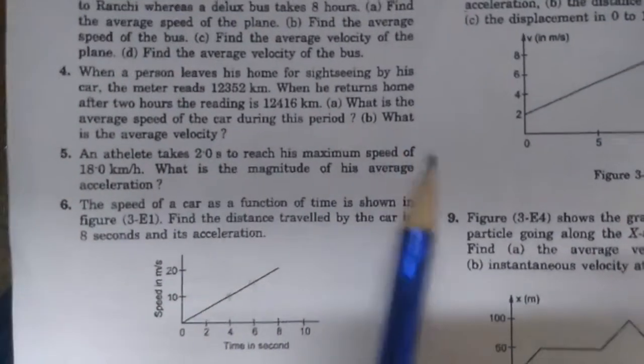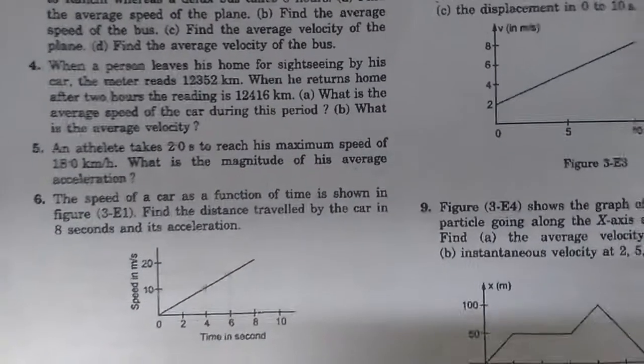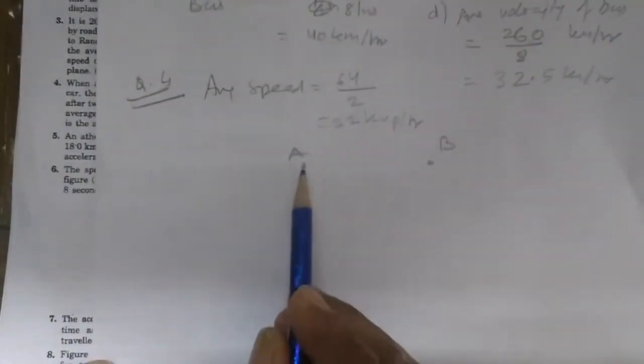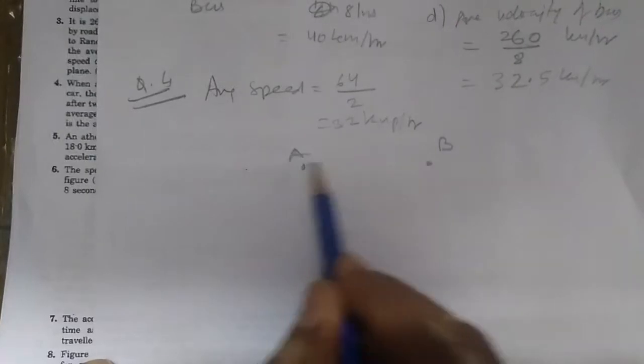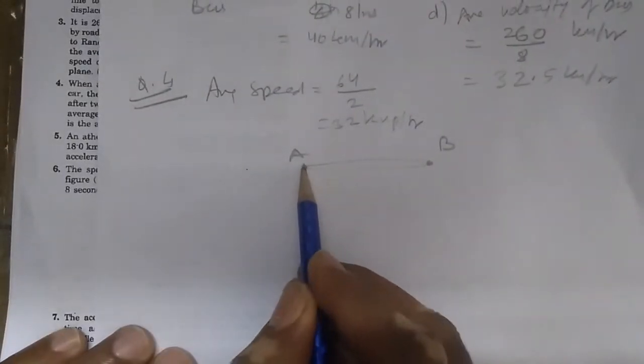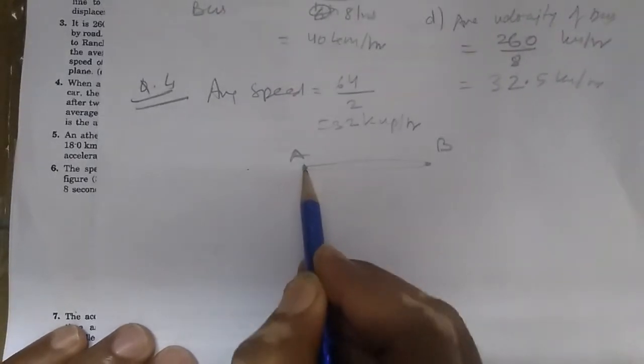Now, what is the average velocity? Let's say this is the home, and from here it went somewhere from point A to point B. It went there and then it came back. So the average velocity will be the vector from the initial position to the final position.